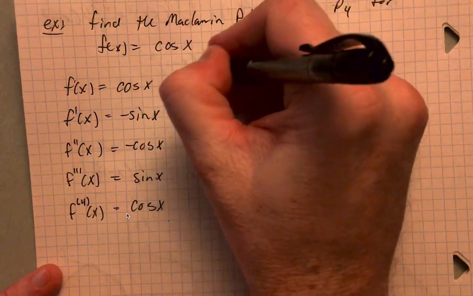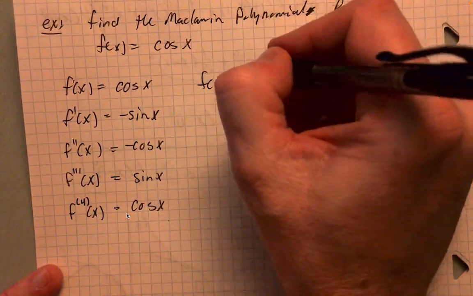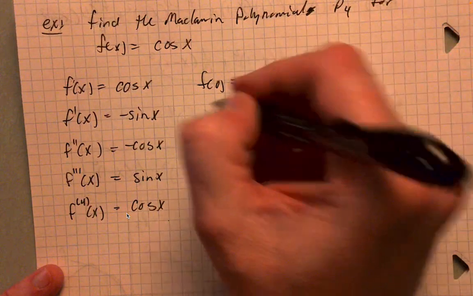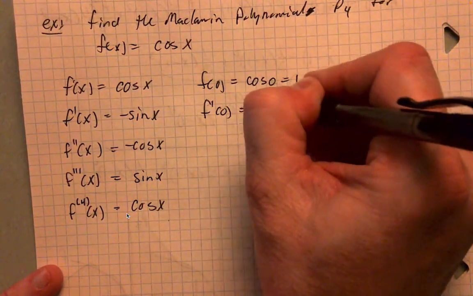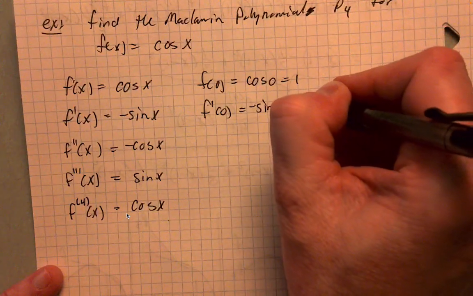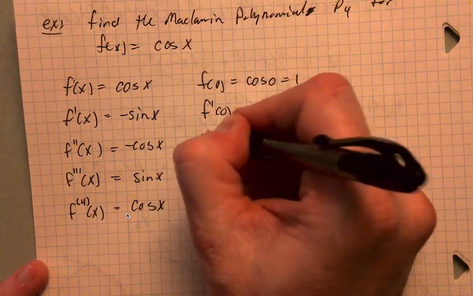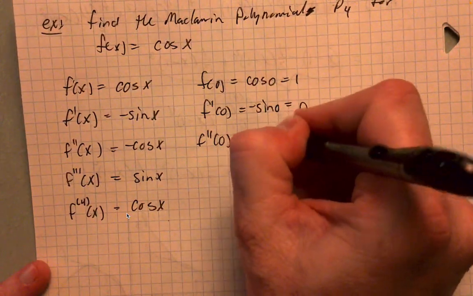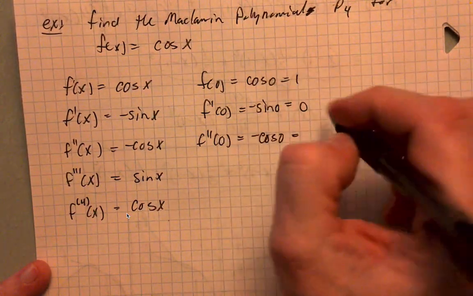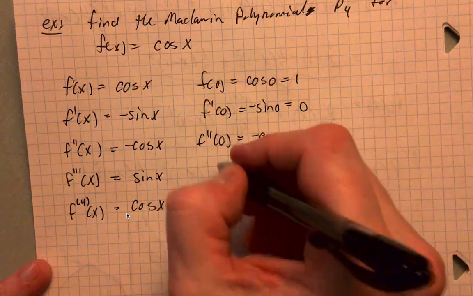And so that means f of 0 is cos 0, which is 1. F prime of 0 is negative sine of 0, which is 0. F double prime of 0 is negative cos 0. Well, if cos 0 is 1, then negative cos 0 is negative 1.